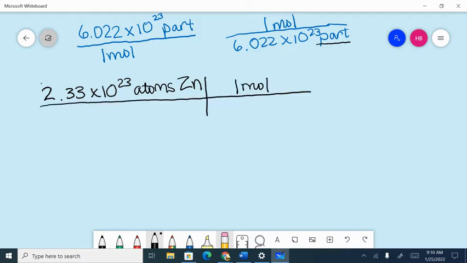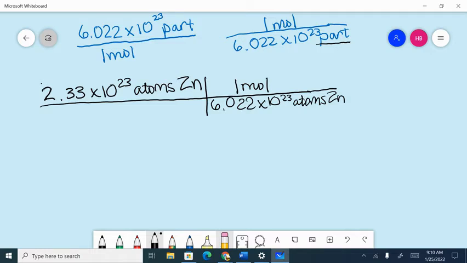My conversion factor is going to allow me to cancel out atoms of zinc. Just double check: in this conversion factor, the word mole always goes with the number 1, and that big number, 6.022 times 10 to the 23rd, can only go with the tiny units.